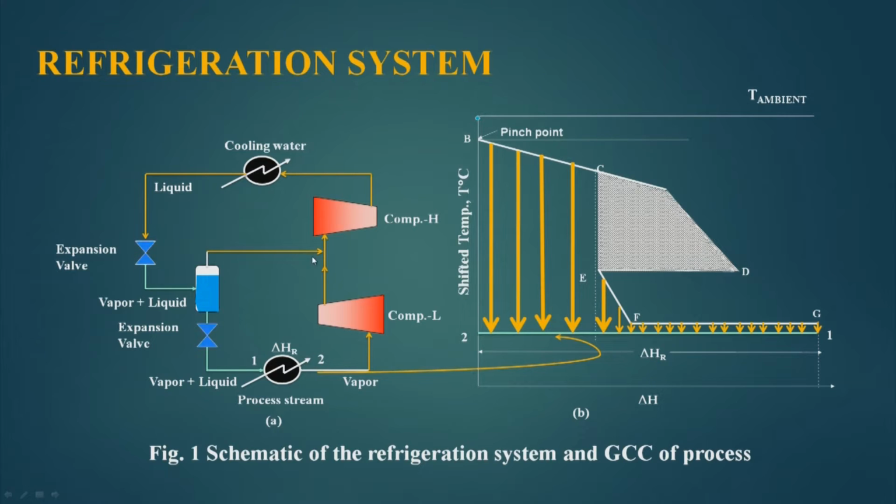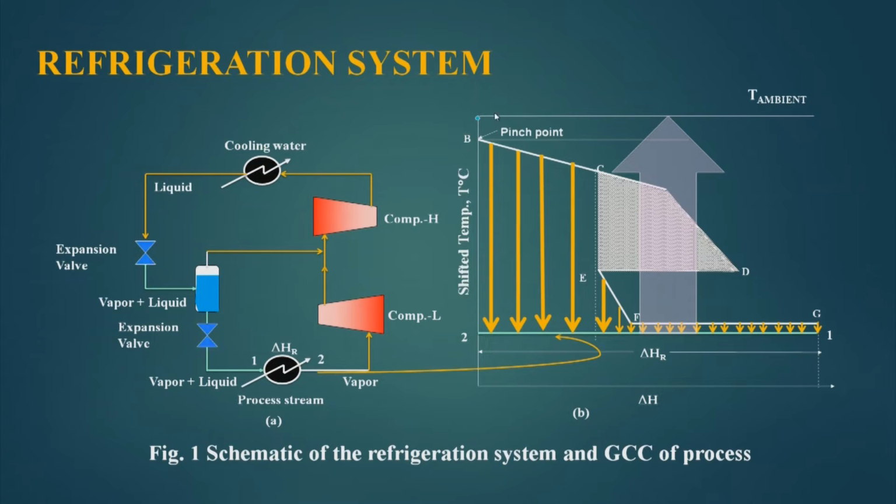Now, here the vapor goes to here, this is basically an economizer, and now the heat which is absorbed by the evaporator is pushed to the T ambient, where? Here.